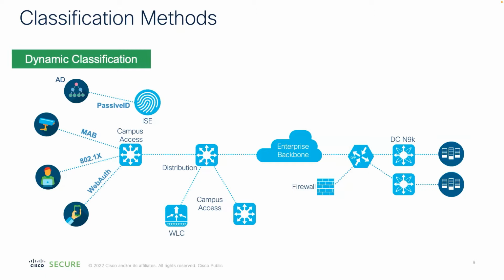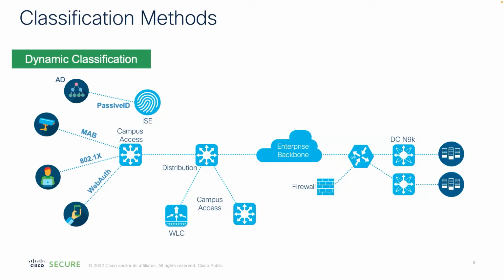Now we also use passive ID. This is a method by which we can use MAB, so an endpoint that does not have a .1X supplicant, so it connects with MAB. But then we can glean the user ID directly from AD. Once the user's logged in to AD, we can scrape that off of AD, and then we know that it's a secure user.